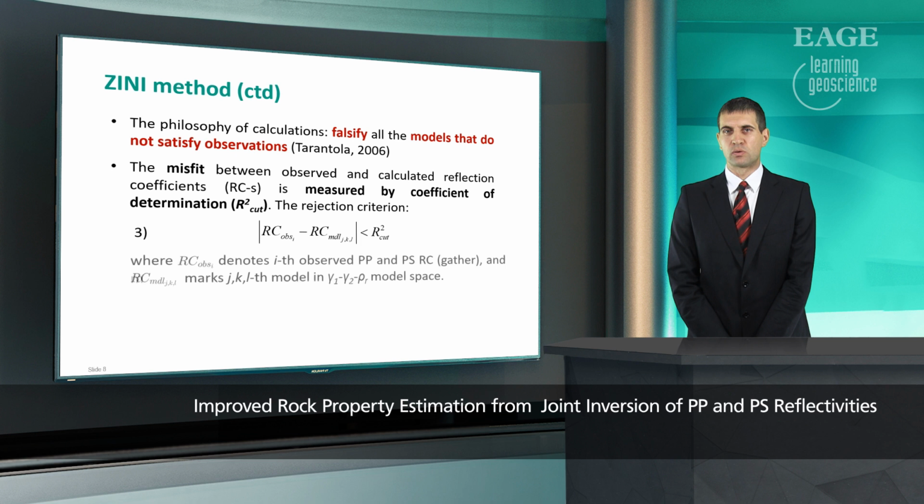One way to select a subset of possible solutions and falsify others is by quantifying a misfit between observed and calculated reflection coefficients with the coefficient of determination called R-squared.